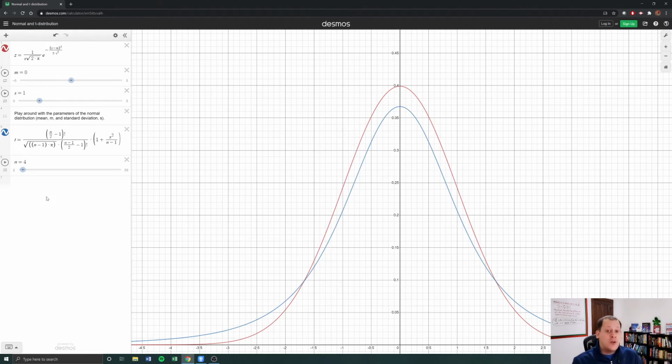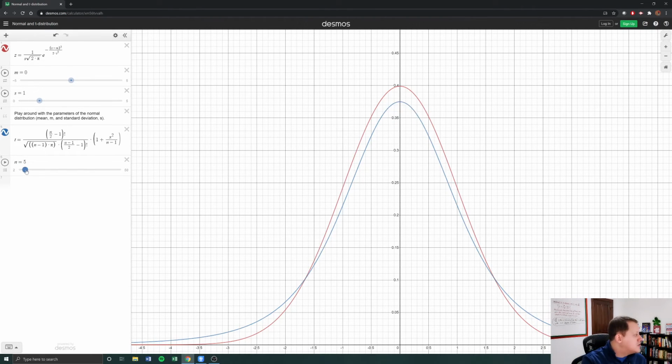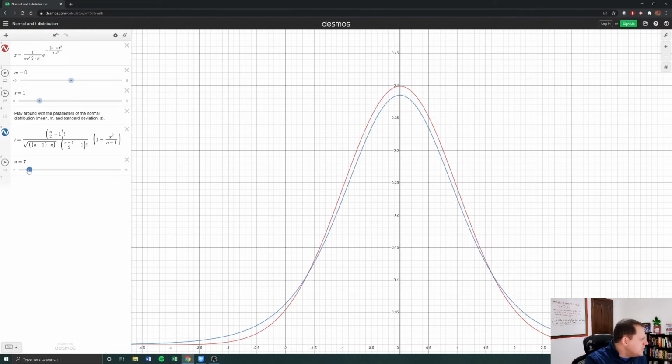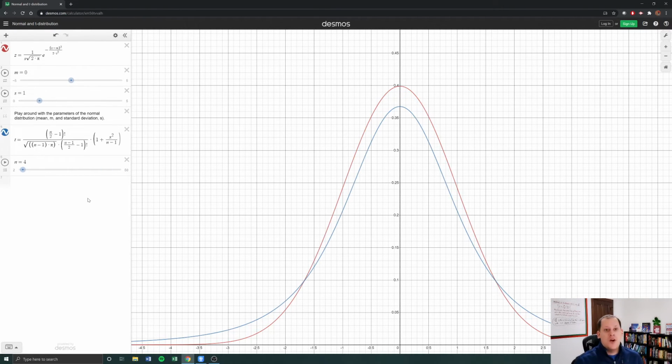But it's important for you to understand what the T curve looks like, how it behaves, and how the number of degrees of freedom, or the sample size, affects what that T curve looks like. As your n and degrees of freedom increase, the T curve approaches the standard normal. So that's mainly what we are seeing here.